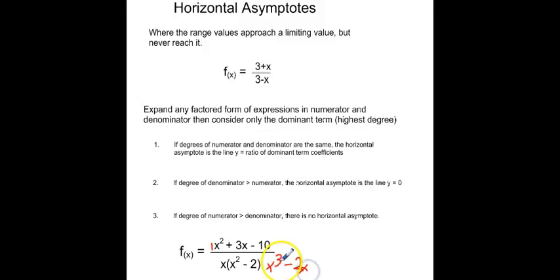And the highest degree term is a cubic with a coefficient of 1. So since this is a case of number 2, the degree of the denominator is 3, the degree of the numerator is 2, the denominator's degree is greater than the numerator, so the asymptote would be the x-axis, or the line y equals 0.